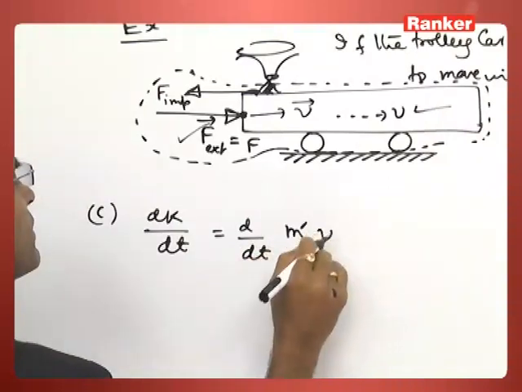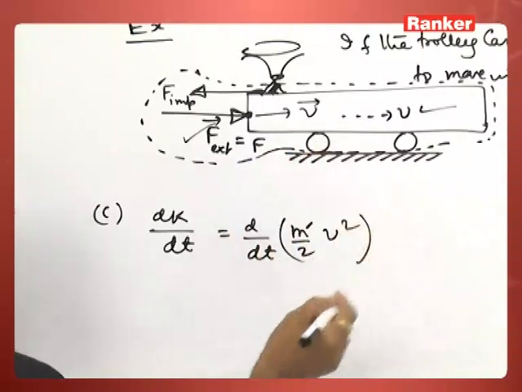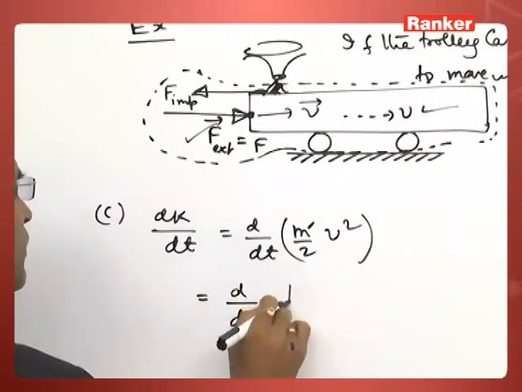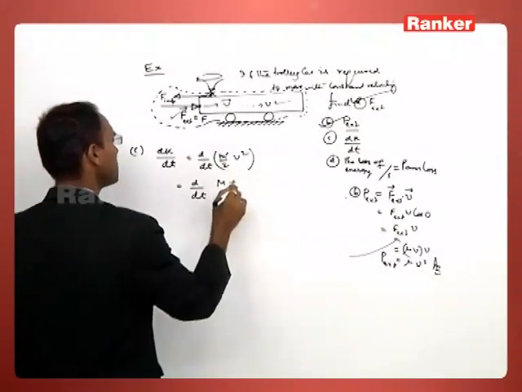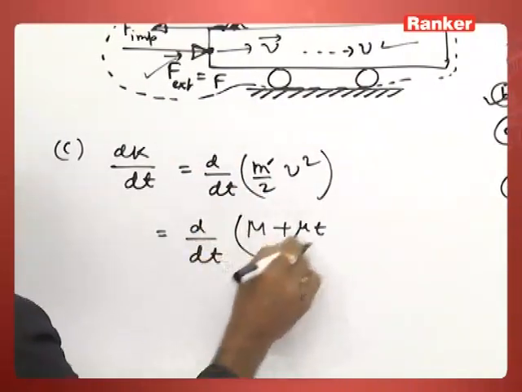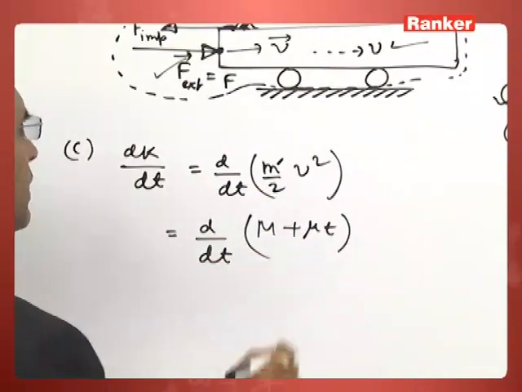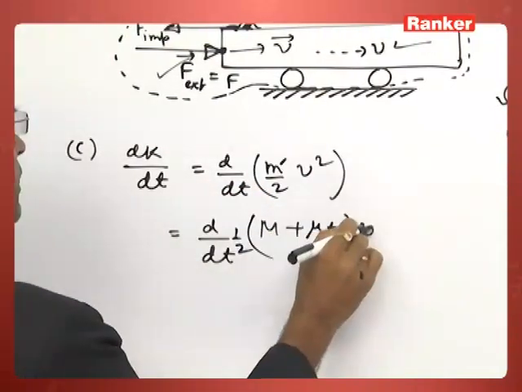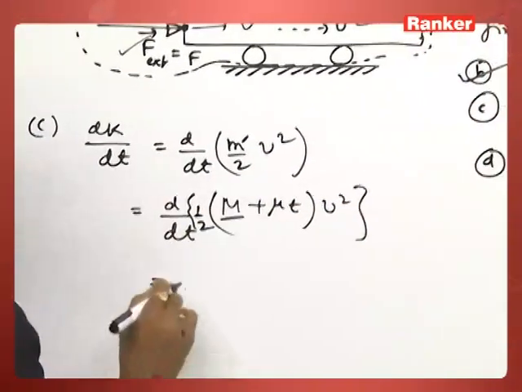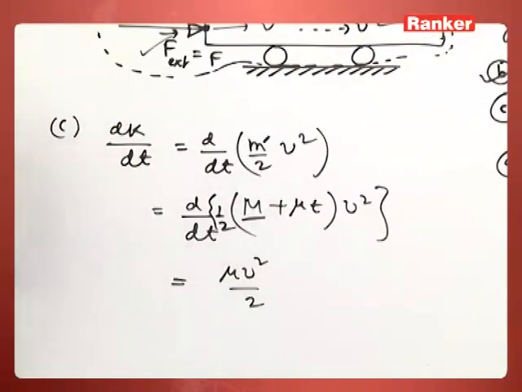When it is multiplied with half of the square of the velocity of the trolley car, we are getting the kinetic energy. And what is m dash? M dash equal to mass of the trolley car plus the loaded sand mass. Mass of the loaded sand during time t, that's mu t. So m dash equal to m plus mu t, half will be there, multiplied with the square of the velocity, and since this is a constant quantity, this gives us mu v square by 2.